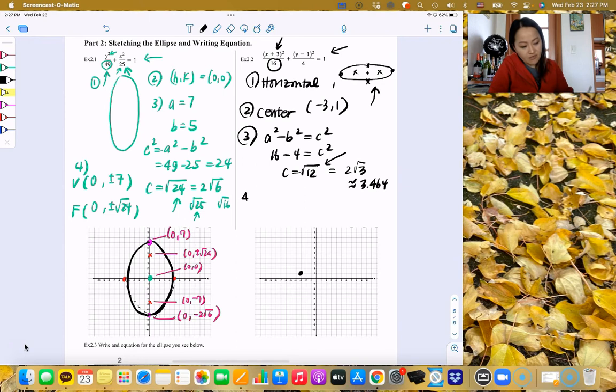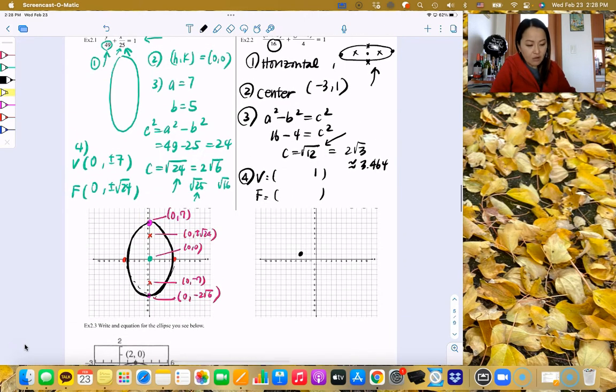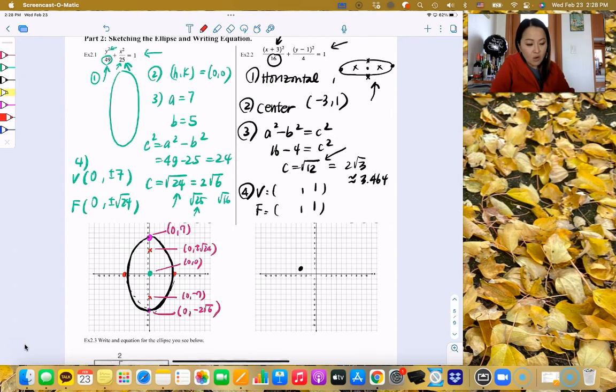All right. Number 4, let's do our vertices and let's do our focus. Again, our vertex. Wait, this is horizontal, so our H is being affected. Our K, leave it alone. Don't touch it. What's our horizontal? It's negative plus or negative.